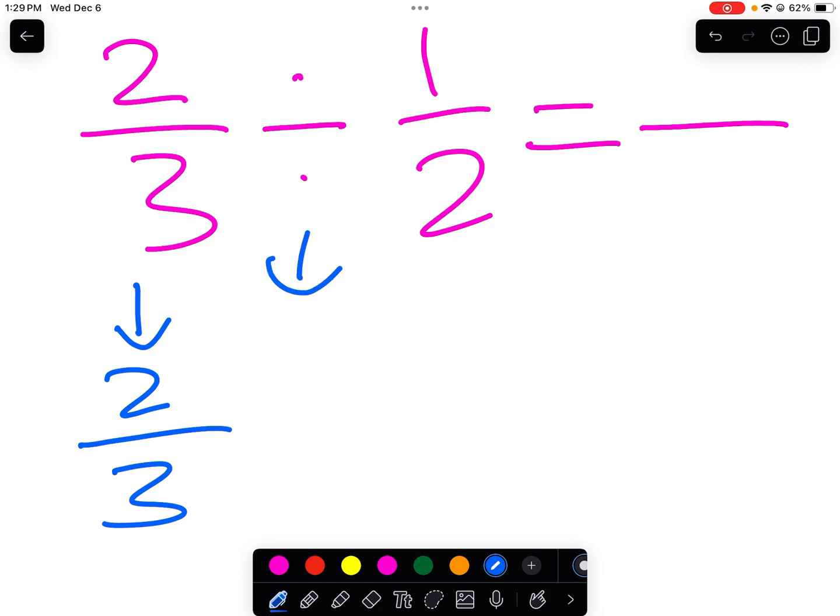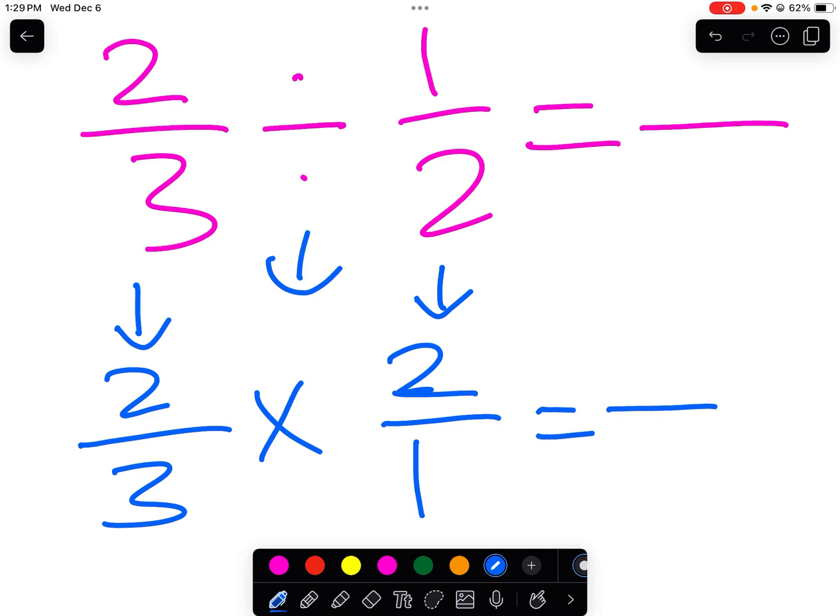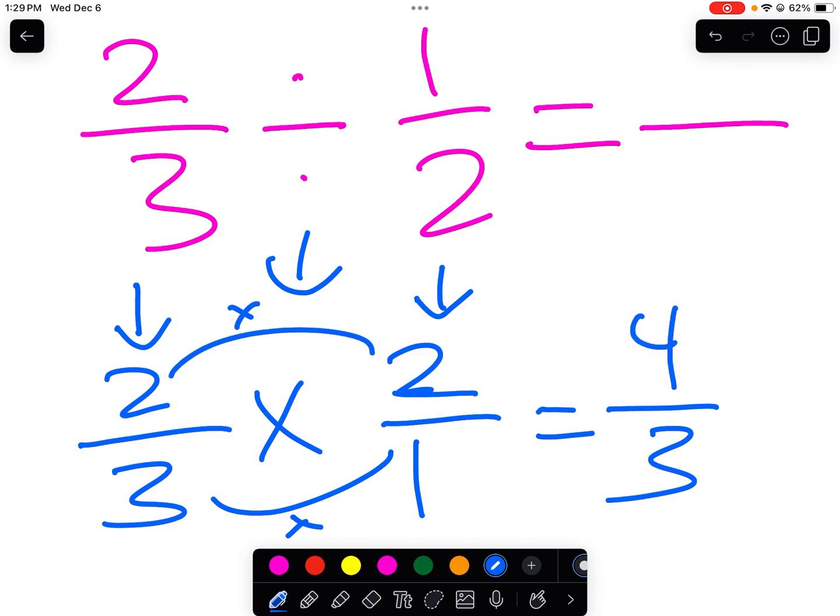The next step is we change the division symbol to a multiplication symbol, and then we take the reciprocal of the second fraction, and 1/2 becomes 2/1. Now we just multiply across. 3 times 1 is 3, 2 times 2 is 4. Oh, we have another improper fraction. I happen to know that that's 1 and 1/3. There is our answer. And I'll stop right there.